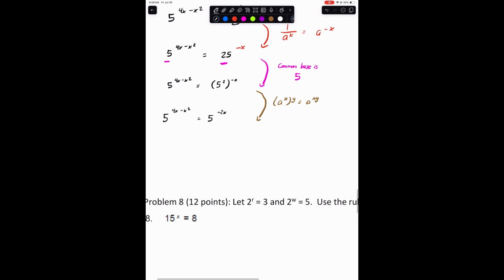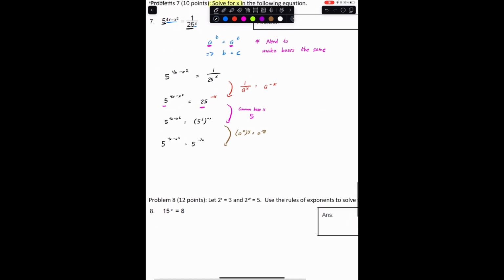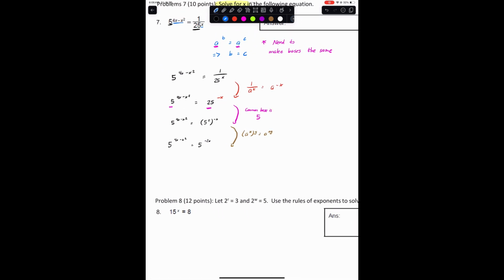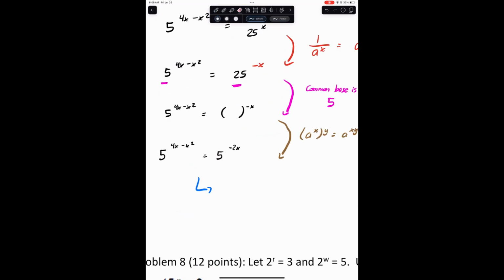And now I can finally use my law up here, right? This law, and I will get 5 squared, and then doing the law gives me negative 2x, right?